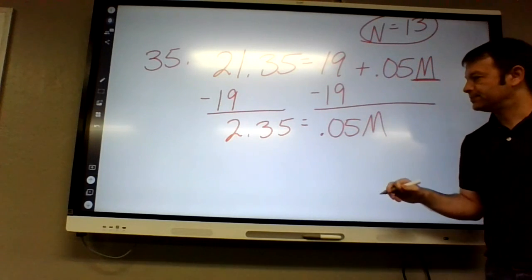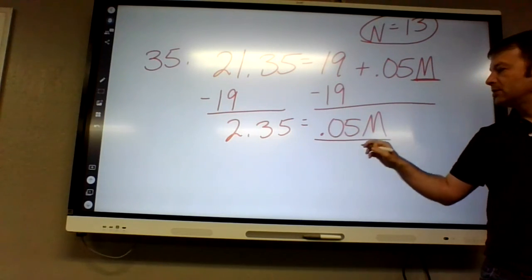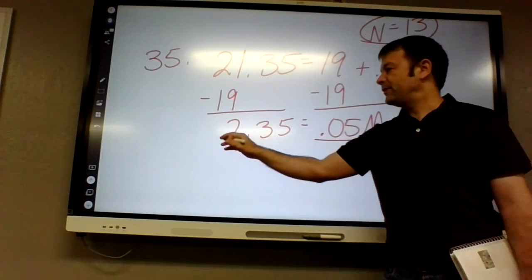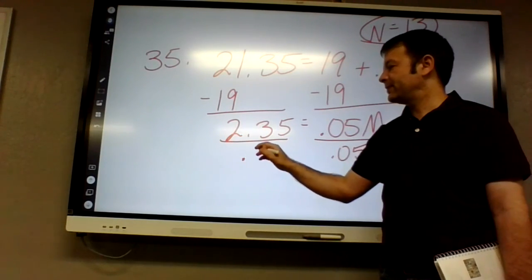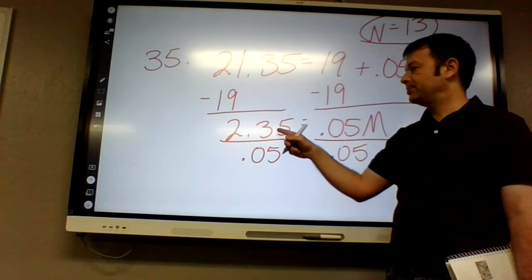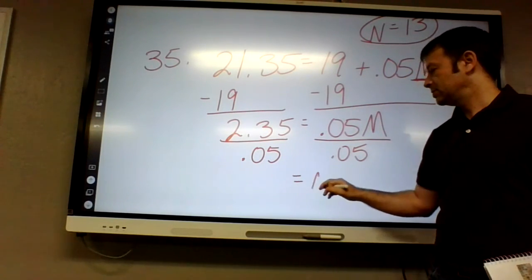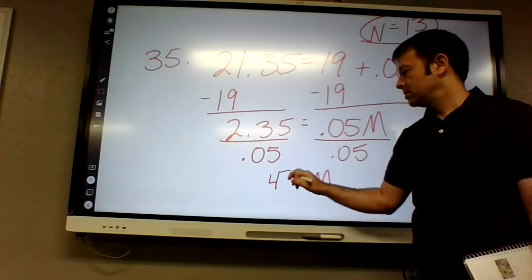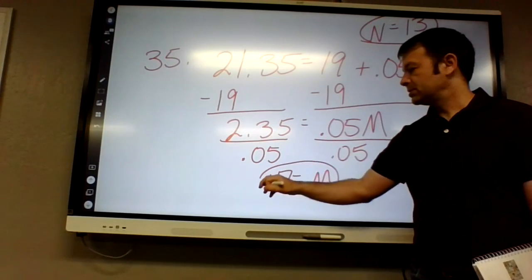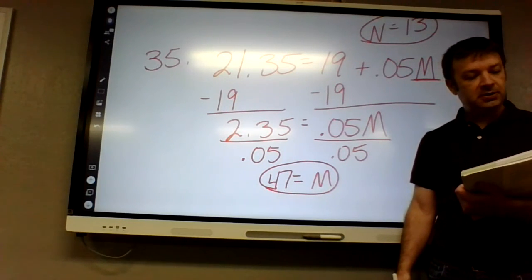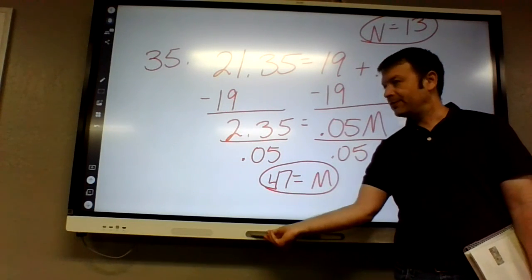Now what? Divide by 0.05. Dividing 2.35 by 0.05 is the same thing as dividing 235 by 5. So 47. So that means he talked for 47 minutes.